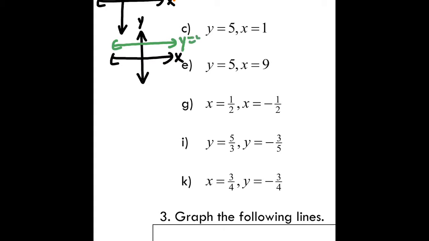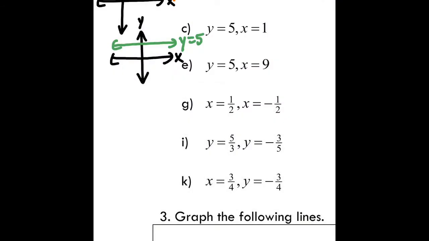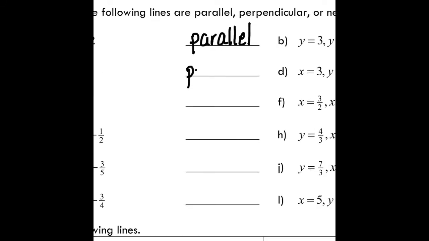And then we have x equals 1. So no matter what y is, no matter how high I go up or how far down I go, x is 1. So when I've sketched those two lines, I can see that they are at a right angle to each other. They're perpendicular. So I'm going to write perpendicular.